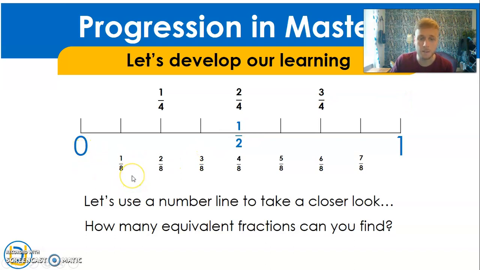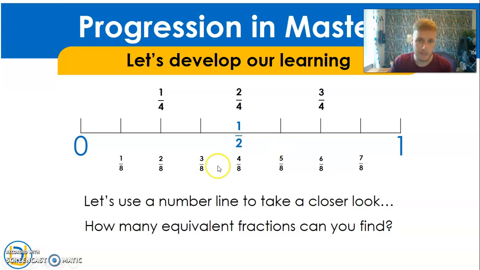Underneath, we've got it split into eighths. So we've got 1/8, 2/8, 3/8, 4/8, 5/8, 6/8, 7/8, and the whole would be 8/8. So pause the video. Can you use this to find any equivalent fractions? Do any of the fractions overlap at any point?